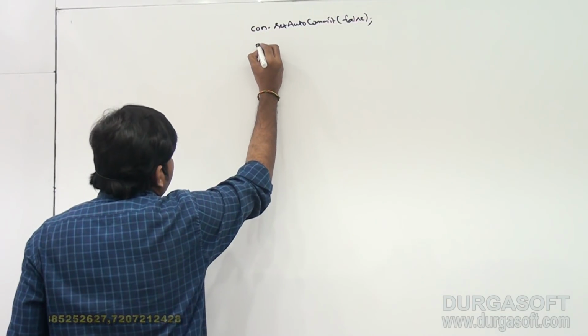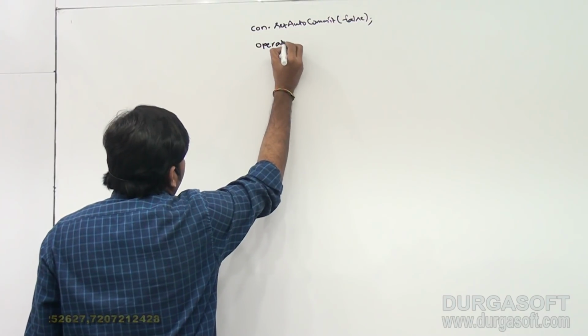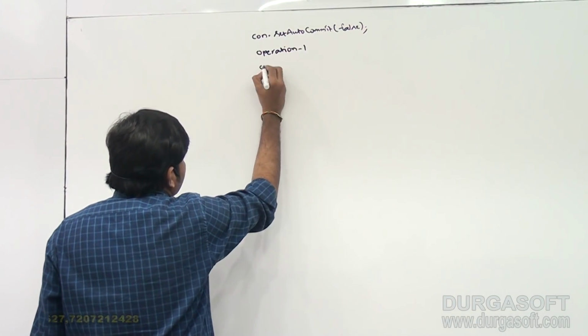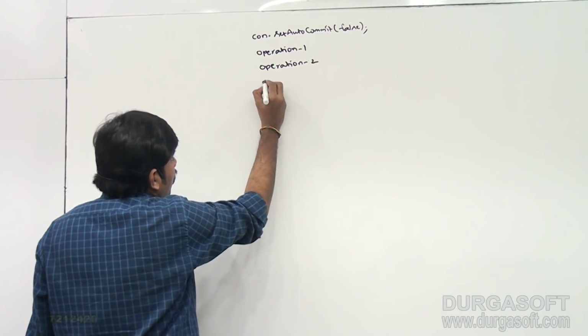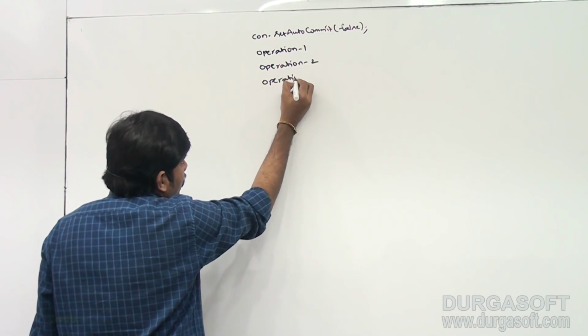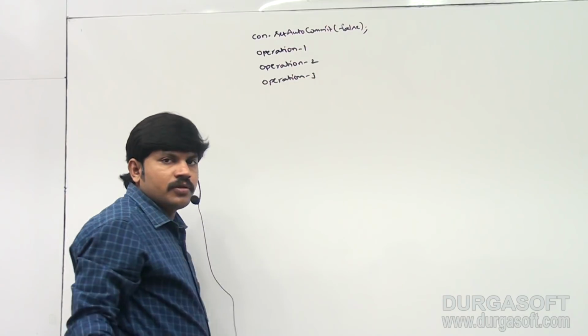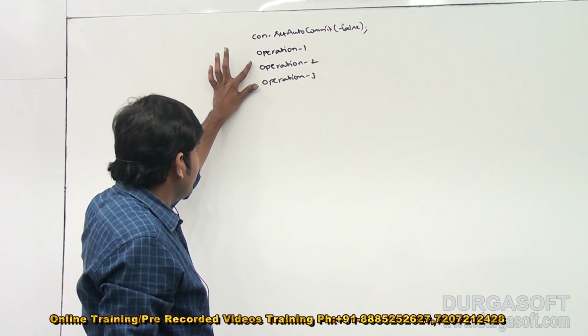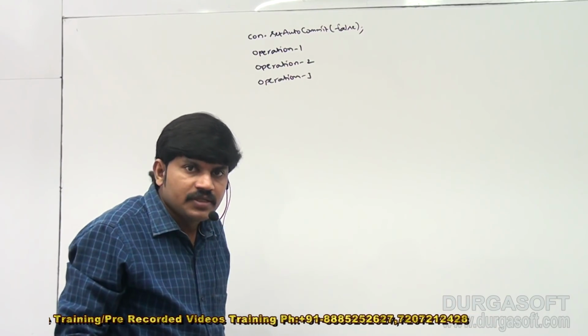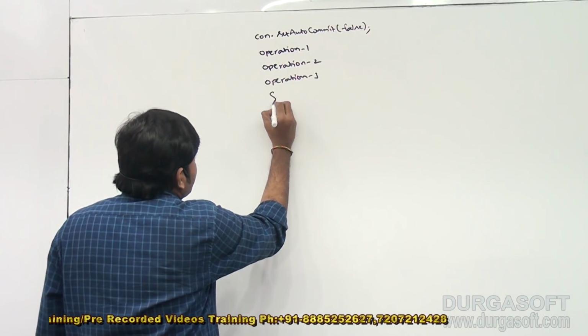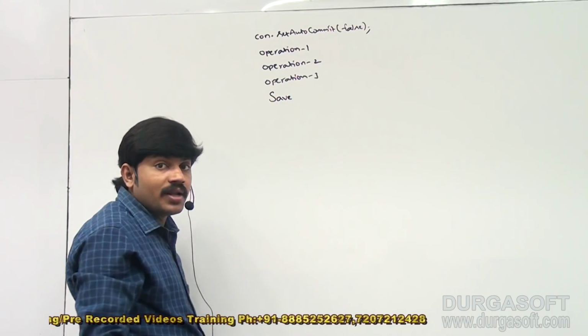Now observe that I have operation 1, operation 2, and operation 3, 3 operations. If these 3 operations executed successfully, now let me set one save point.